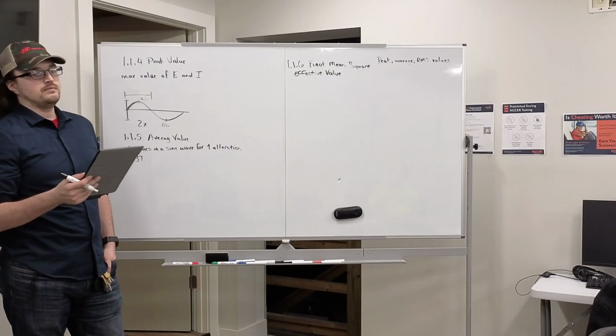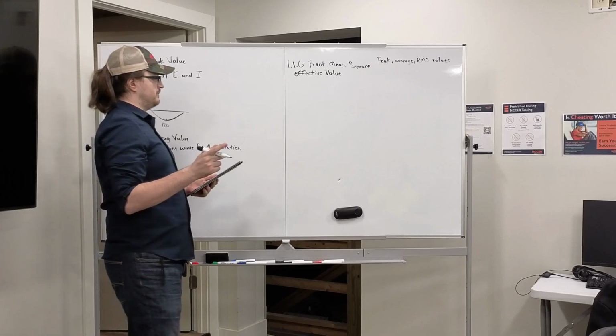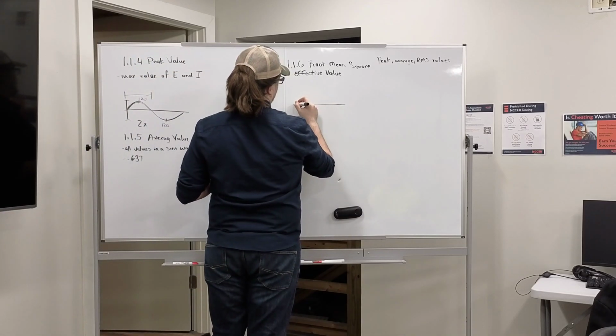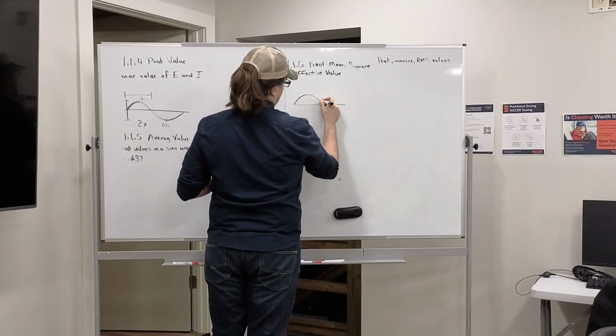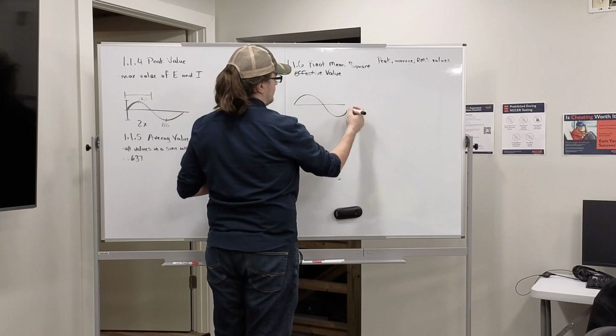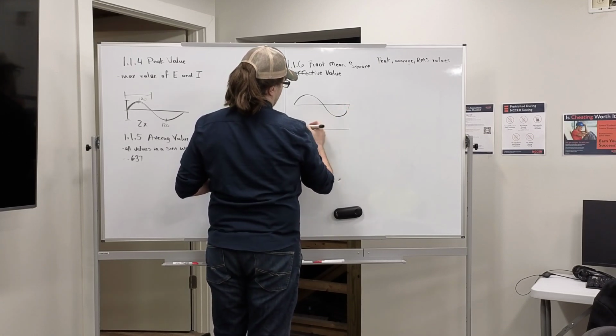Same amount of energy. AC changes directions. It goes to positive, it goes to negative. It changes direction, like a circle. DC just stays the same.